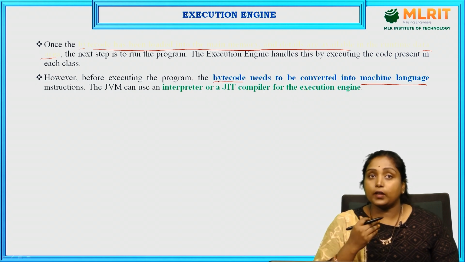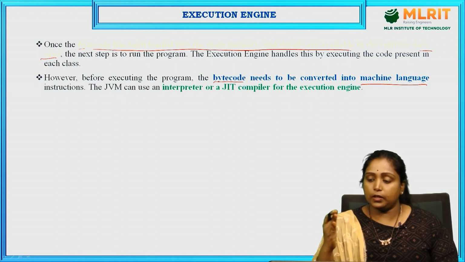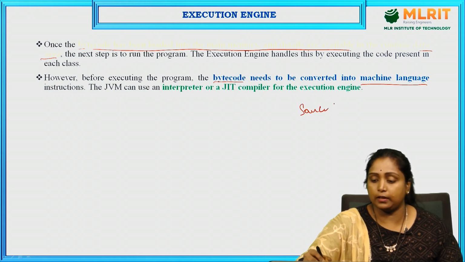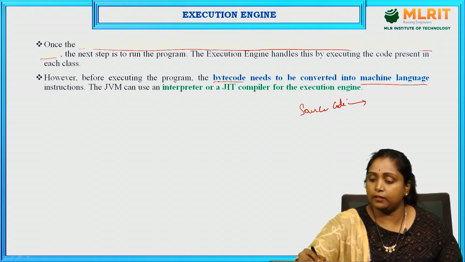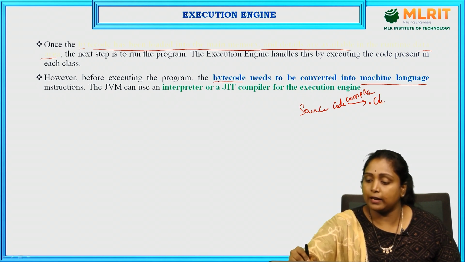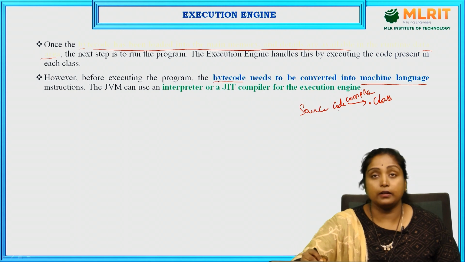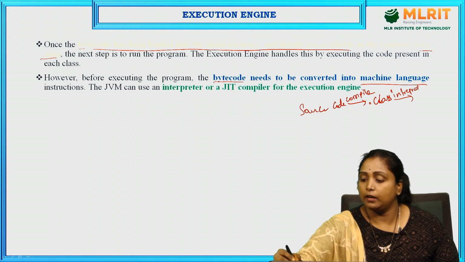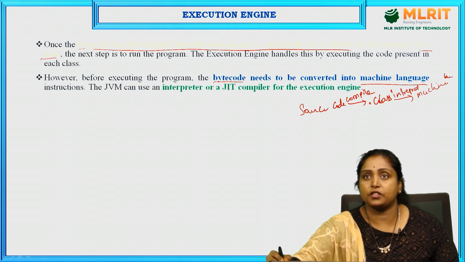First you will have a source code. When you compile the source code, you will generate the .class file of that source code, and then you will interpret it, and that would be changed to machine language.